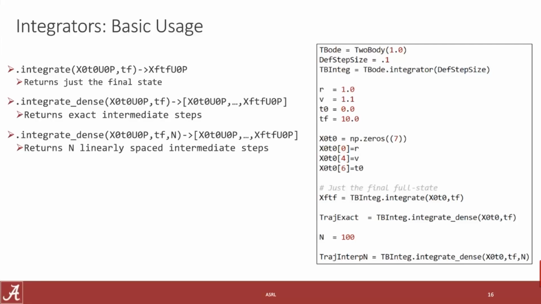So if you have an elliptical orbit and you don't put in n, it's going to give you the actual steps that the integrator took. Versus for integrate dense, you can just have a linearly spaced grid of where's my state at all of these times.